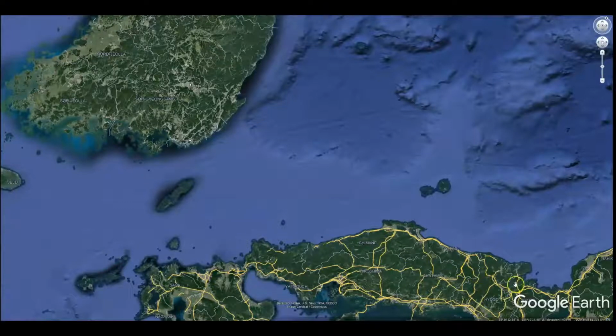If we further look at this Sea of Japan, usually it's very deep. And here, where my cursor is moving, it is around 2,000 meters. That's almost impossible for building a tunnel, and because of this large length, it is even impossible to build a bridge.